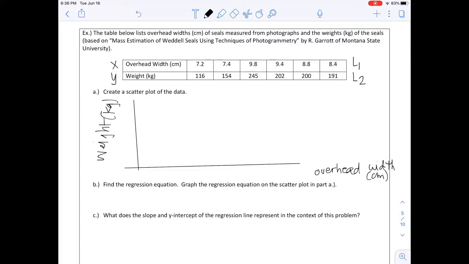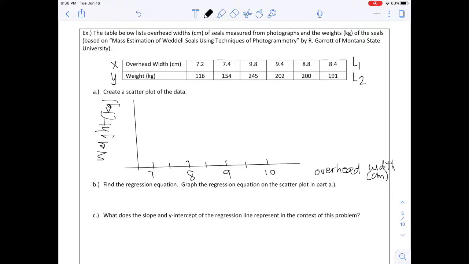If we look at overhead widths, the smallest value that we have is 7.2, and the largest one that we have is 9.8. So I need to go from about 7 to 10. I'm going to start it at 7, and then we'll say 8, 9, and then 10. And again, if you want to, you can split this up any other way that you would like, counting by 0.2s or anything else.